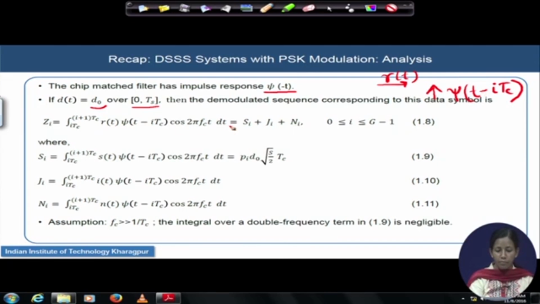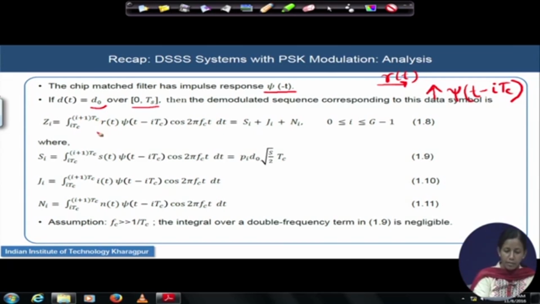We also have cos(2 pi fc t), multiplied with this r(t) at the beginning of the matched filter to bring it down to baseband. And as we are interested in the ith chip, the integration is running over one chip interval. Let us assume that it is the ith chip, so the duration will be iTc to (i+1)Tc.